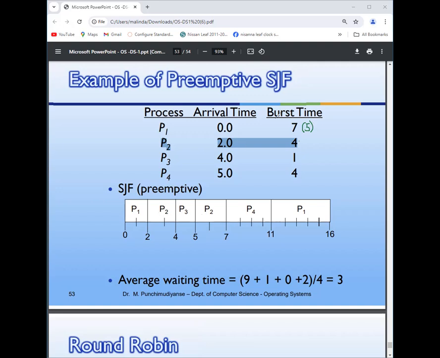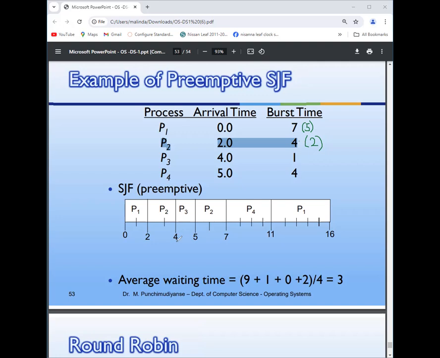P2 started from time 2 and it went up to time 4, right? So out of 4, P2 has only 2 milliseconds remaining work. However, P3 has only 1 millisecond of remaining work. So because of that, we have to let P2 go. Okay, stop working, and I want to run P3.